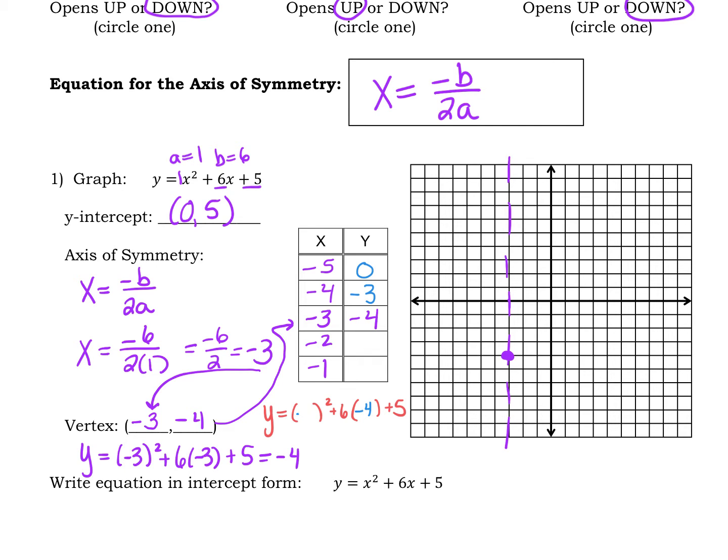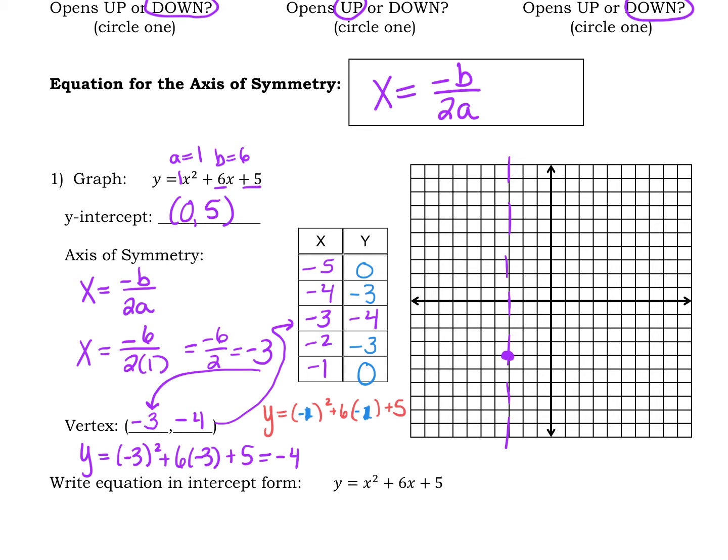Then I'm going to plug in negative 2, and I'm going to get negative 3. Then I'm going to plug in negative 1, and I'm going to get 0.